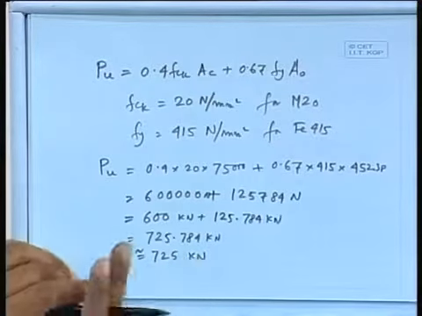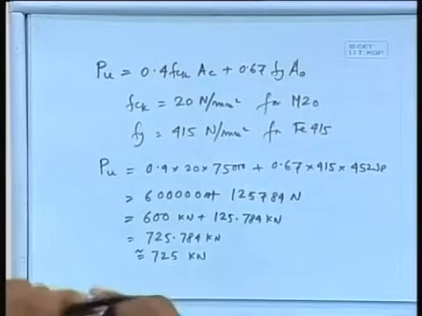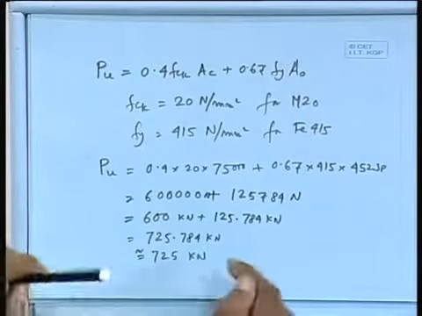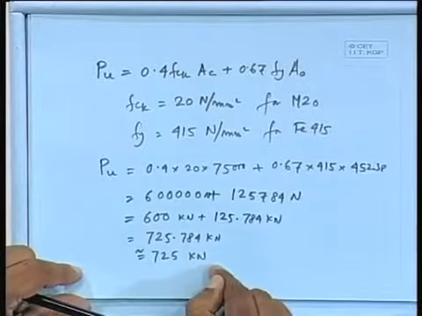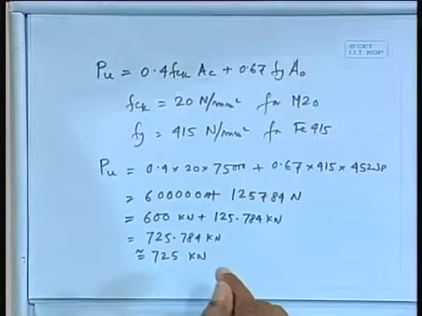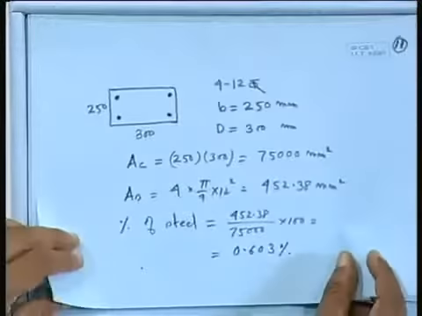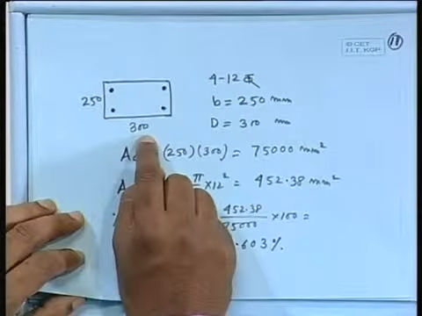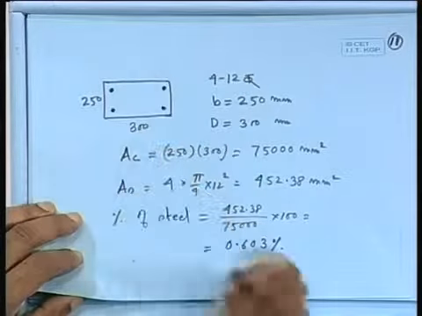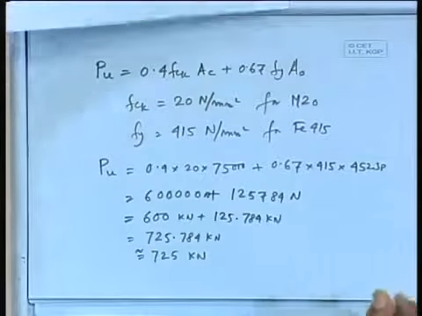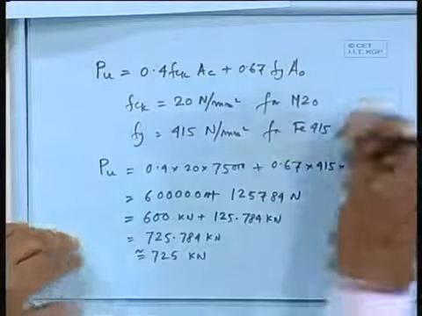In the case that your section is to take an actually applied load less than 725, what we can do is reduce this section to 250 by 250 also, and find out what the value of Pu is. Let us try that one at least.